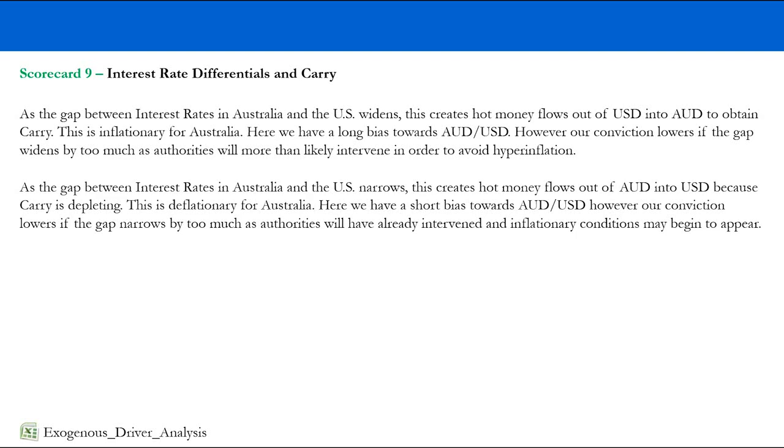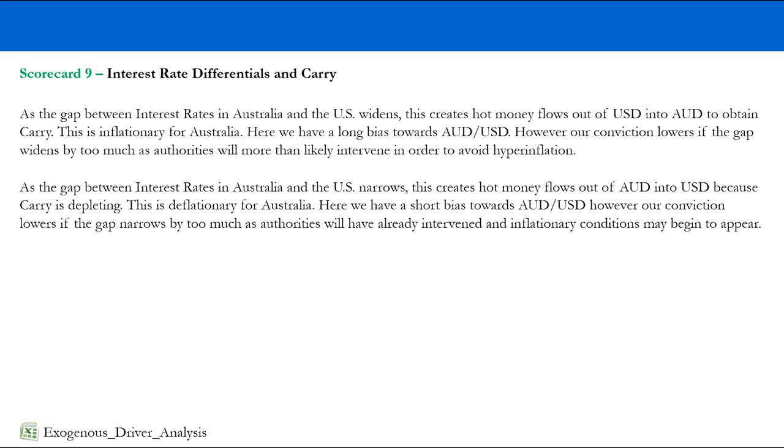So the carry is becoming more positive. And this is essentially inflationary for Australia. So we have a long bias towards Aussie dollar, US dollar. However, our conviction does lower if the gap widens by too much, because authorities will more than likely intervene in order to avoid excessive speculation and to avoid hyperinflation.